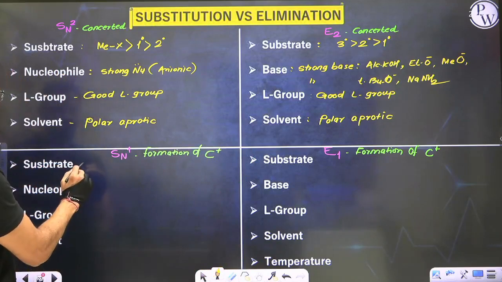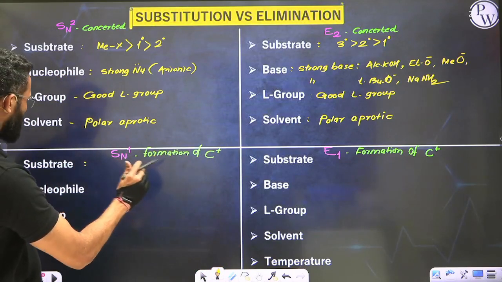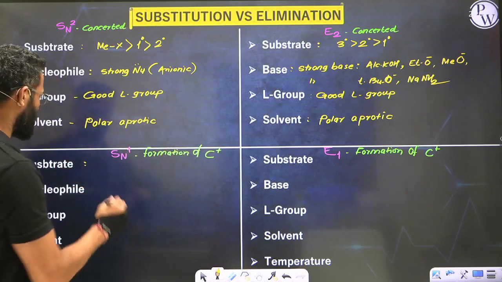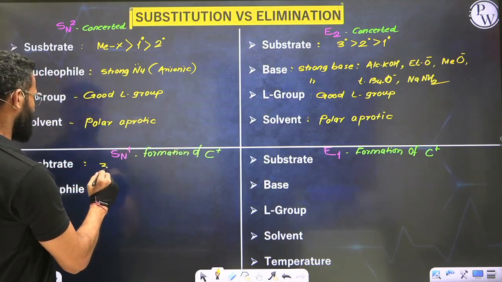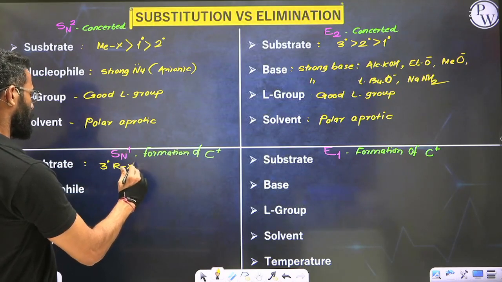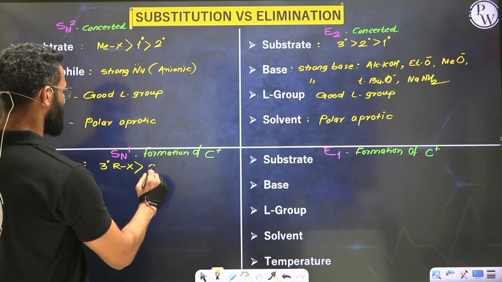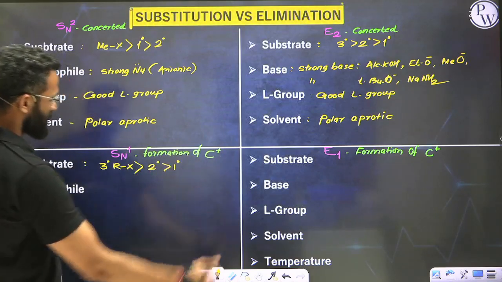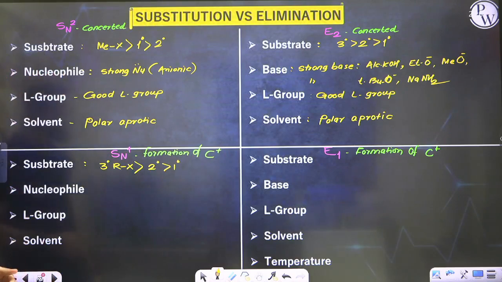Substrate. Because SN1 involves formation of a carbocation, the substrate which can form a stable carbocation will have a faster rate, meaning tertiary alkyl halide will be the fastest reactive, then secondary, and then primary. Methyl halide won't give you an SN1 type of reaction.